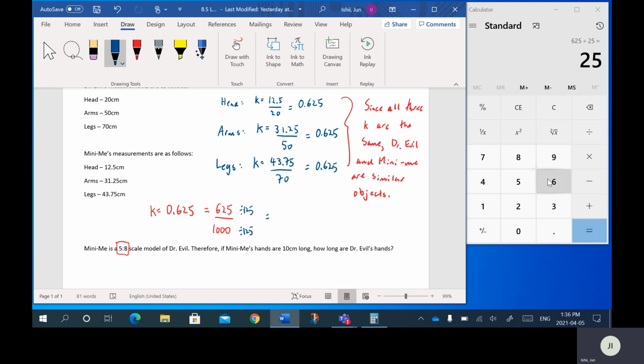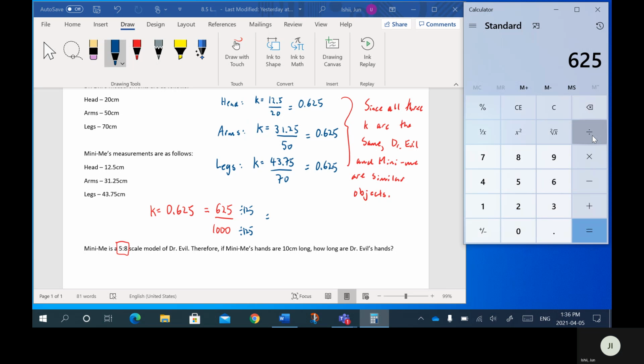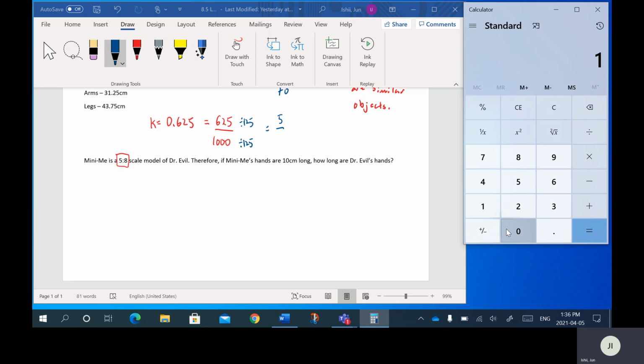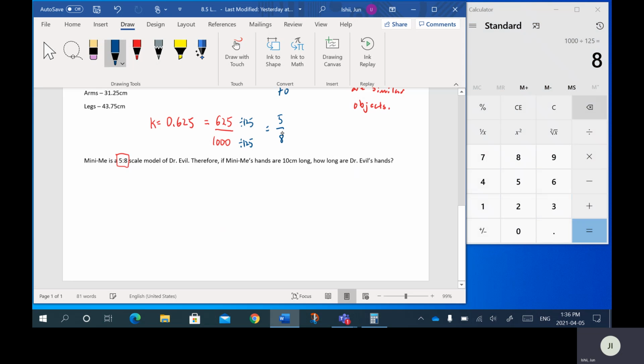So 625 divided by 125 is 5, so this would be 5 over, and 1,000 divided by 125 is equal to 8.